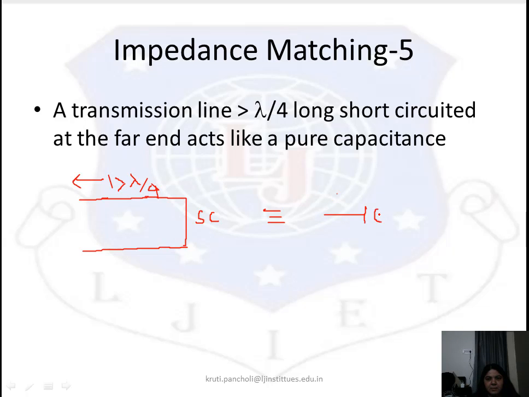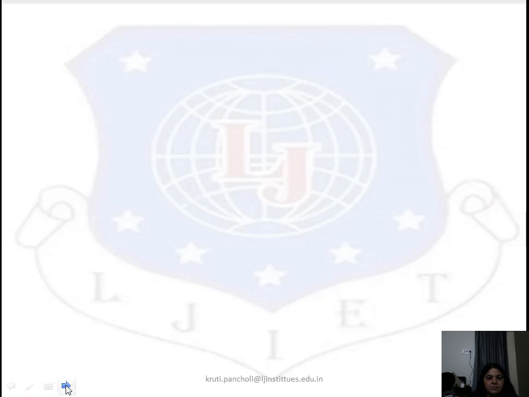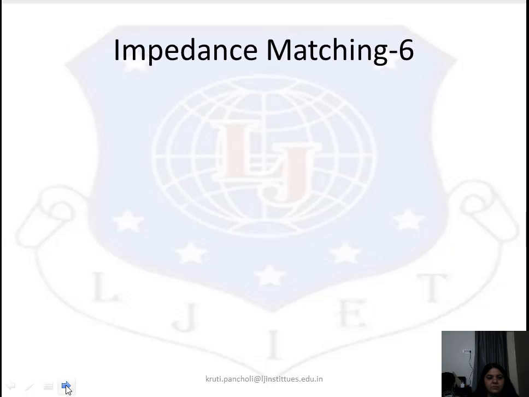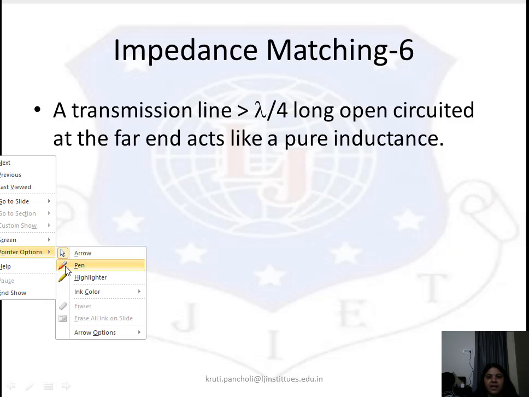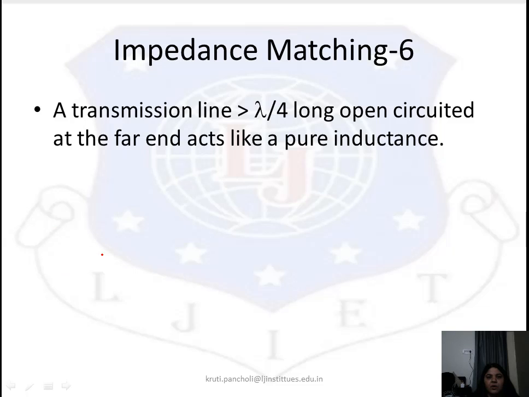Okay, next is impedance matching 6. A transmission line greater than lambda by 4 open circuited at the far end acts like a pure inductance. So here we'll draw the transmission line. It is the two parallel conductors.